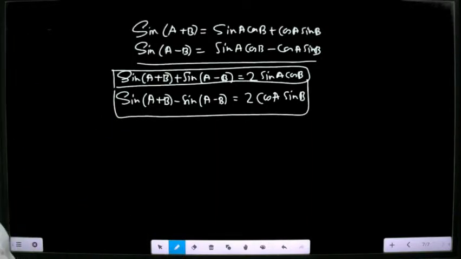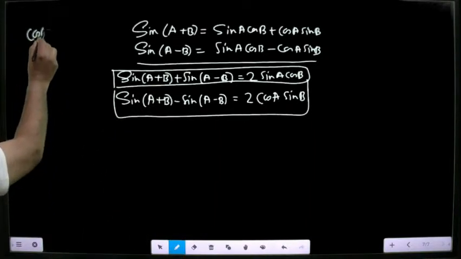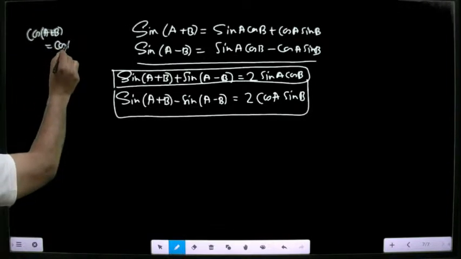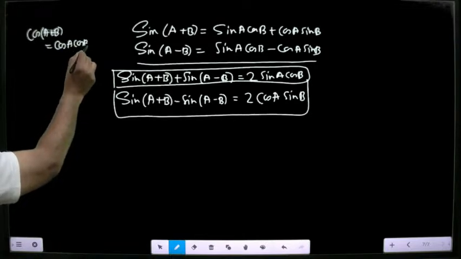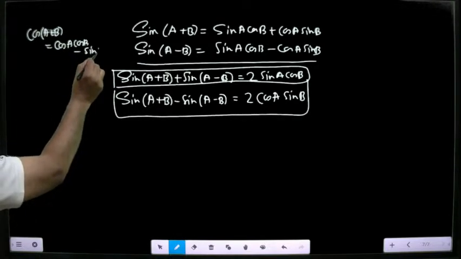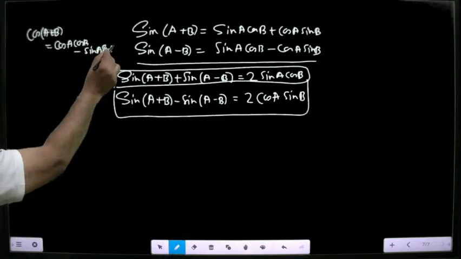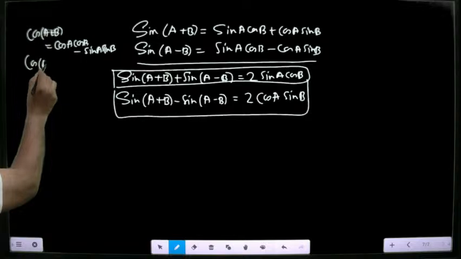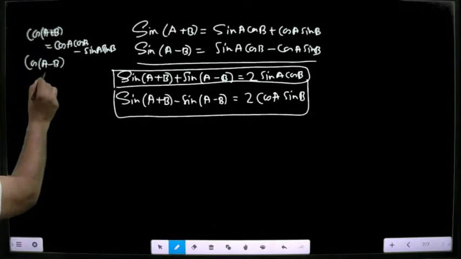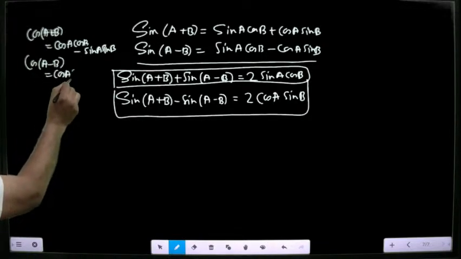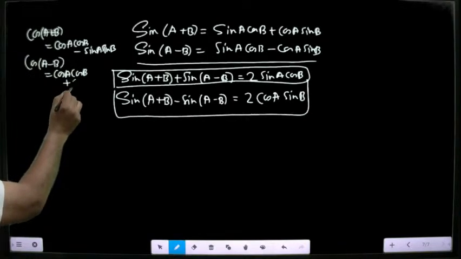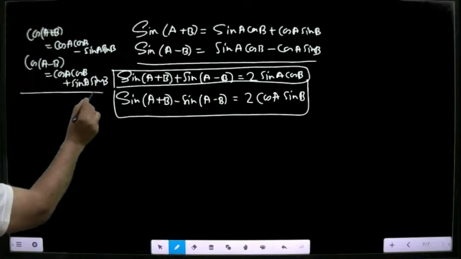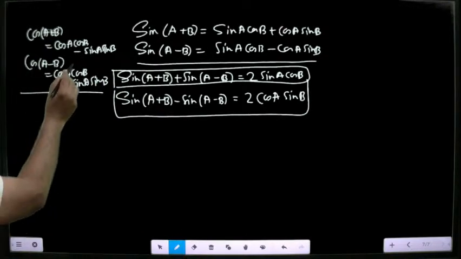Now, cos (A plus B). Cos (A plus B) is what? Cos A cos B minus sin A sin B. Okay? And cos (A minus B) is cos A cos B plus sin A sin B. Add. If you add, you will get what?